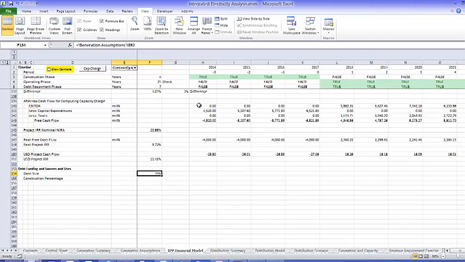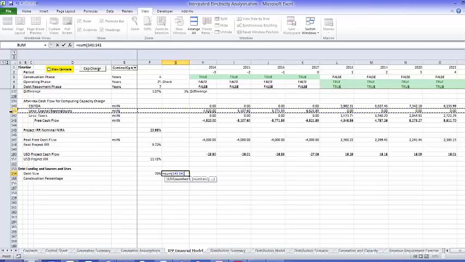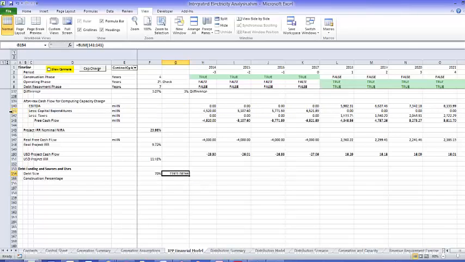So in fact, why don't we start with this? Let's put the total cost of the plant here. To make the total cost of the plant, I think we can just add the total construction expenditures. So our total debt size is this number.